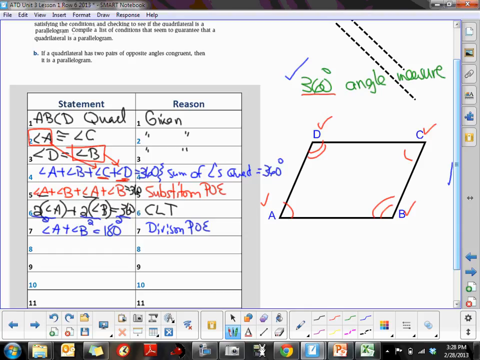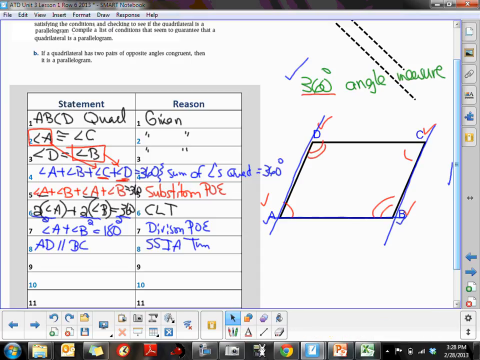But if A and B add up to 180, here's our A and here's our B. If they add up to 180, that means they are the same side interior angles on these two lines, AD and BC. And if same side interior angles are supplementary, it forces the sides to be parallel. So now I know that side AD is parallel to side BC by the same side interior angle theorem.